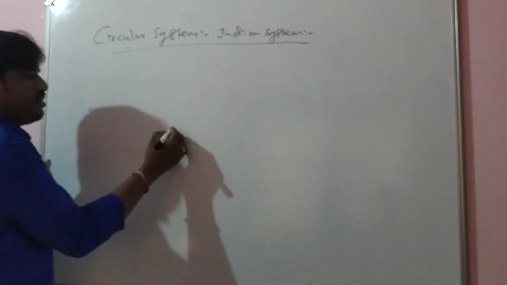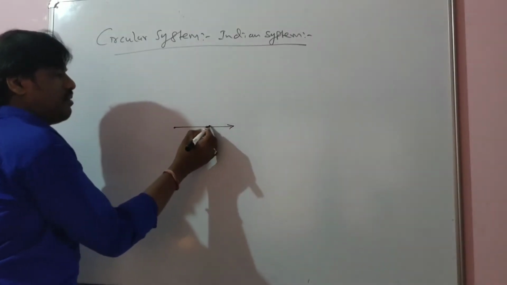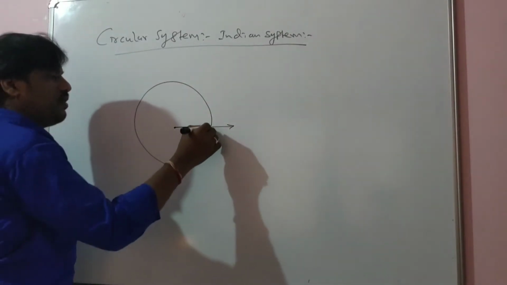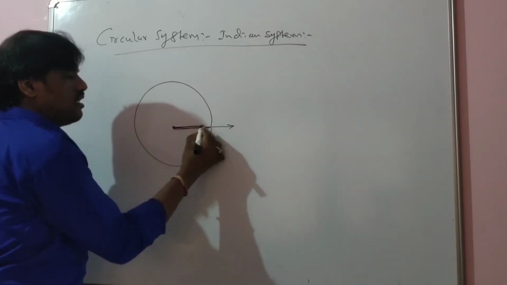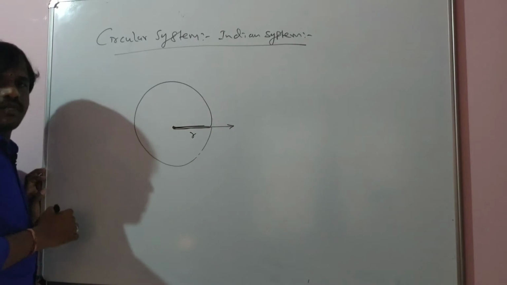This is a ray. I take a circle, a unit circle. Let us take a circle with radius r.